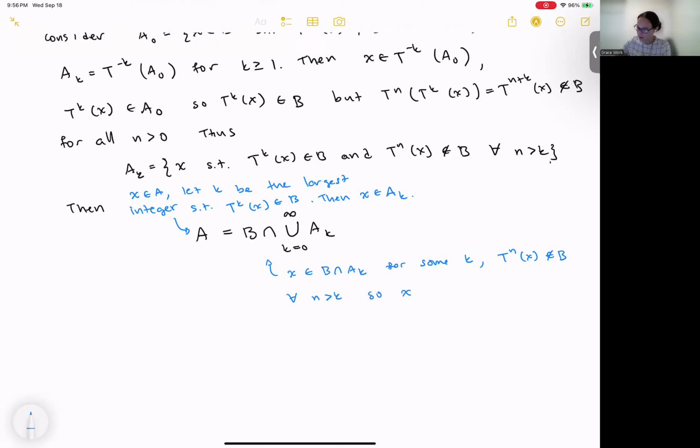So x can return only finitely many times, and therefore it belongs to A. Okay. So if we're in our set A, we must also be in that intersection. If we're in this intersection, we must also be in the set A.